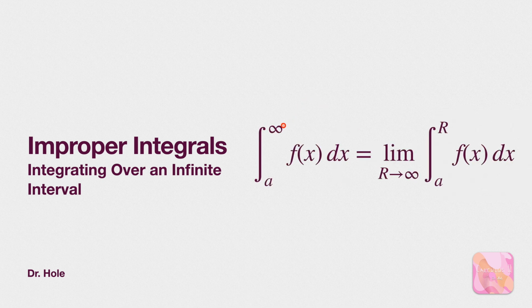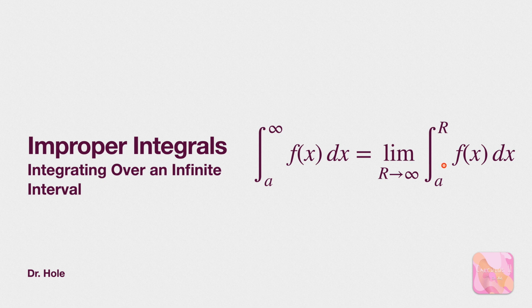We can replace that non-real number, the notion of infinity, with a placeholder, capital R. And then we'll be looking at definite integrals, which make perfectly good sense as area under the curve. And then let that placeholder tend out towards that notion of infinity.